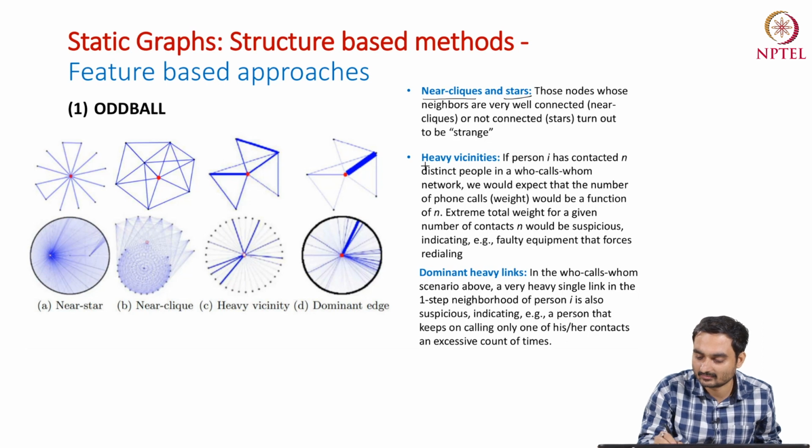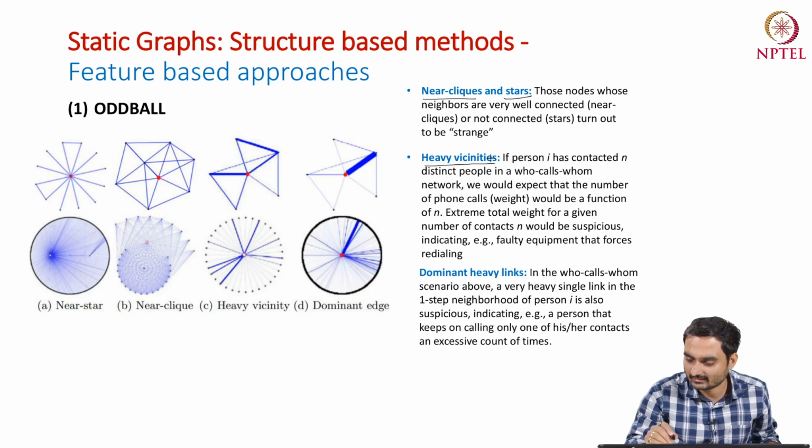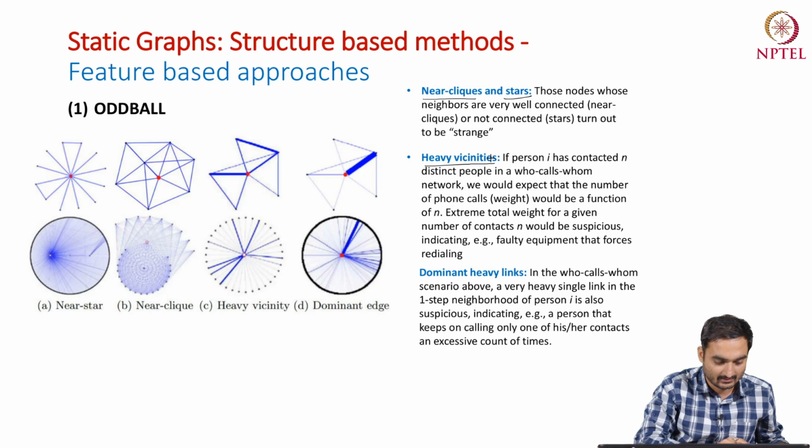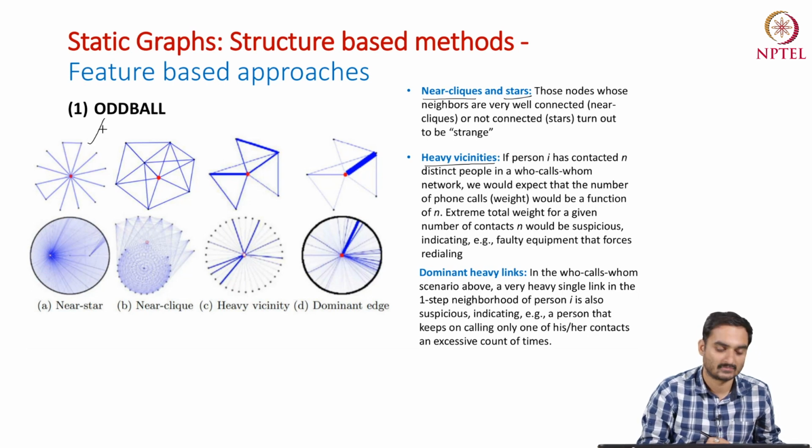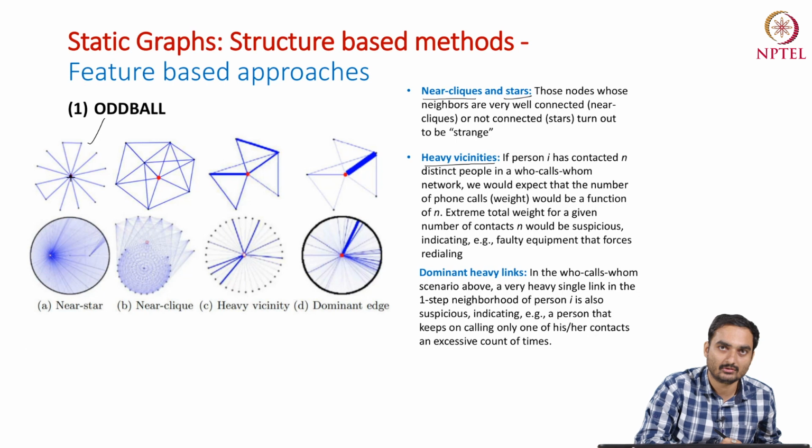They also define something called heavy vicinity. So let us look at this figure here. You see that this is a near star. There is this central node and there are peripheral nodes, with respect to the egonet.